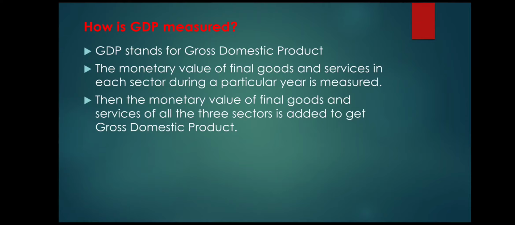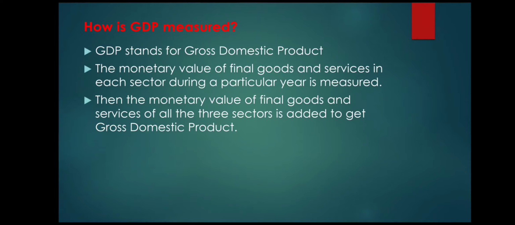So how is GDP measured? GDP stands for gross domestic product. You already know that. The monetary value of final goods and services in each sector during a particular year is measured. Then the monetary value of final goods and services of all the three sectors is added to get gross domestic product.